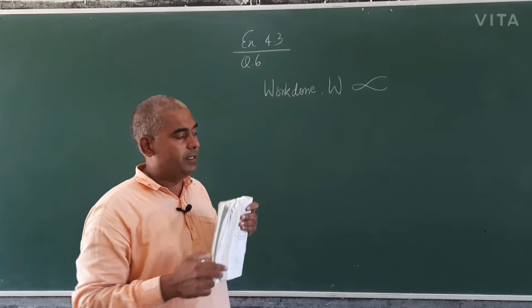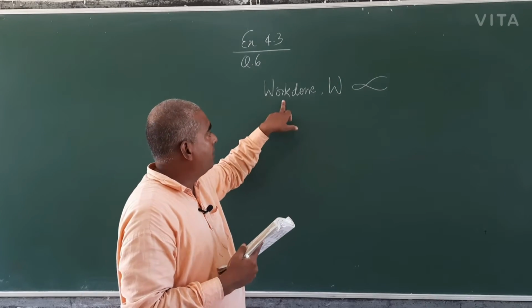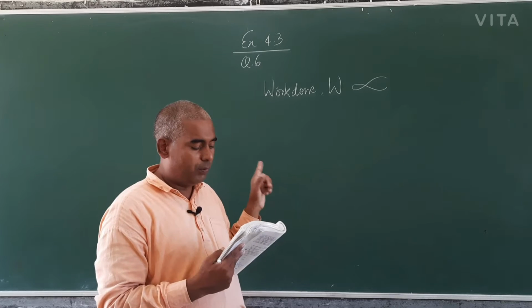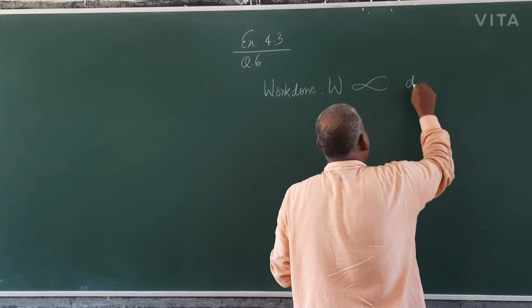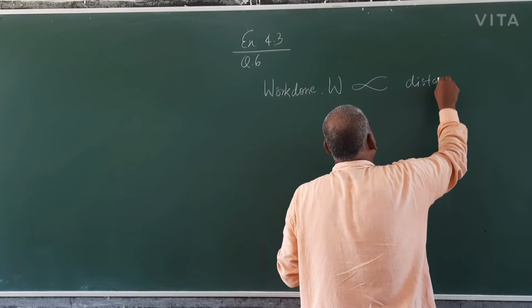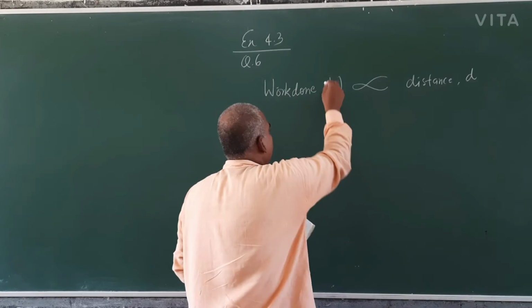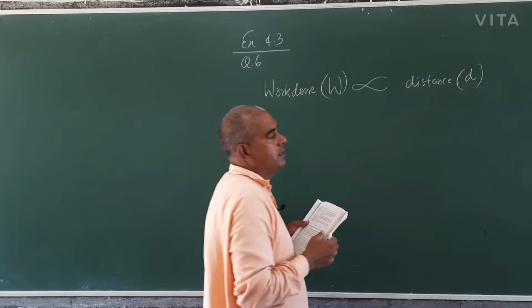You will find this in your physics book. This is called proportional. Proportional means work done is proportional to the distance traveled by the body. W is the short form of work, and D the short form of distance.